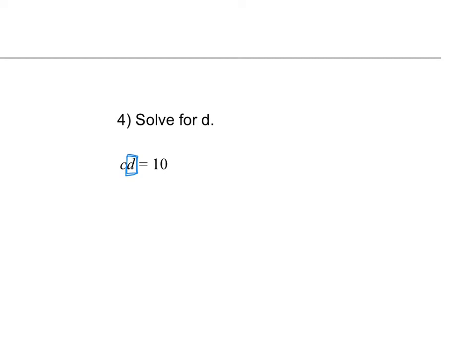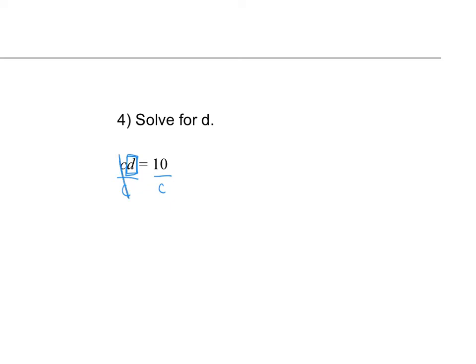Remember, back to our units, when you have two variables next to each other, that is multiplication. So this operation right here is multiplication. So I'm going to divide both sides by c to get rid of that c. The opposite of multiplication is division, so I need to divide both sides by c.